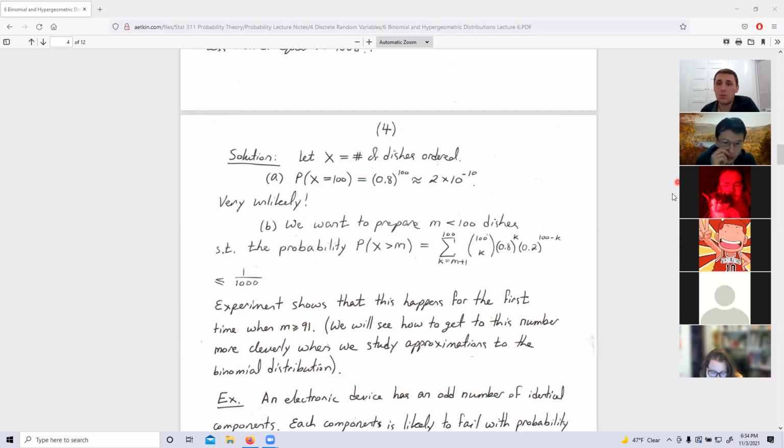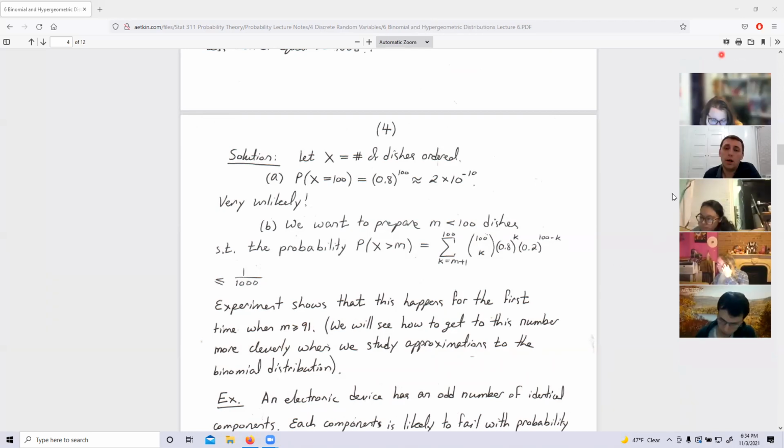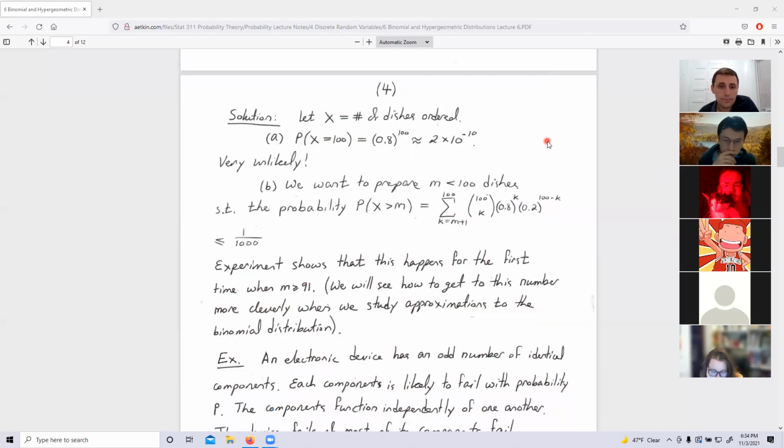So that means that you should make 91 of those dishes. In other words, this number is for the first time less than 1 in 1,000 when m is 91. So you need to make 91 dishes.